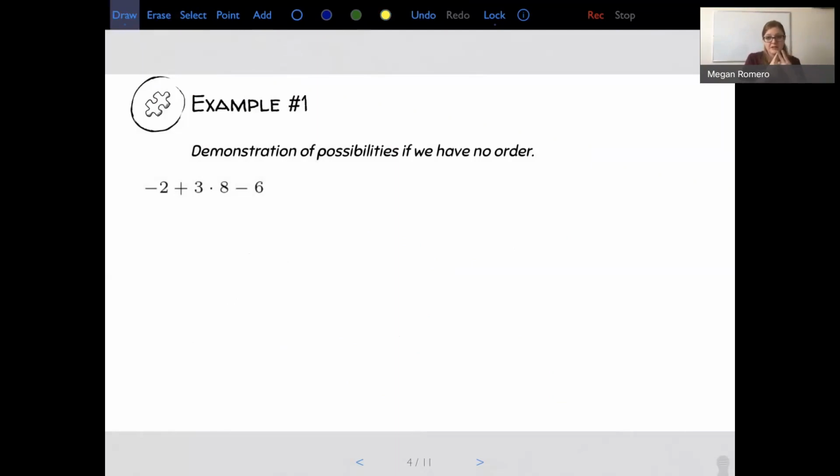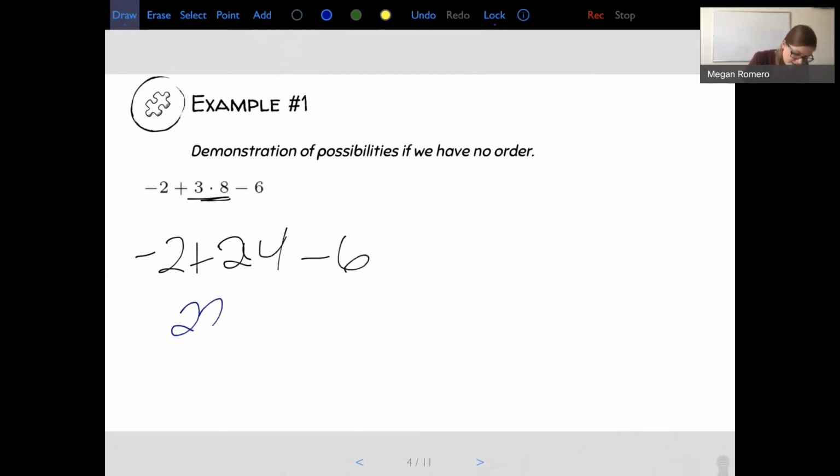Then we would go to our exponents. There are none. And then multiplication and division in the order from left to right. In this case, there's just multiplication. So we'd have -2, 8 times 3 is 24, minus 6. Now we have addition and subtraction left, so we go left to right. -2 plus 24 is 22 minus 6.